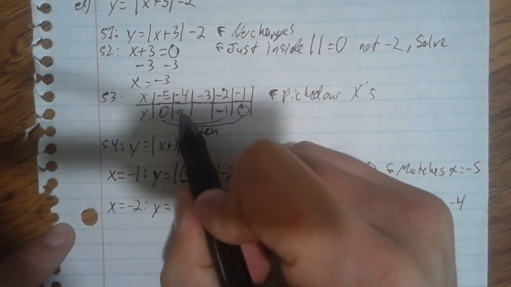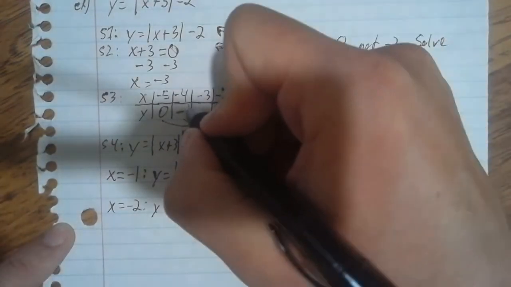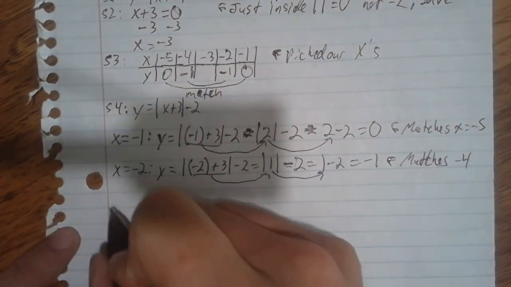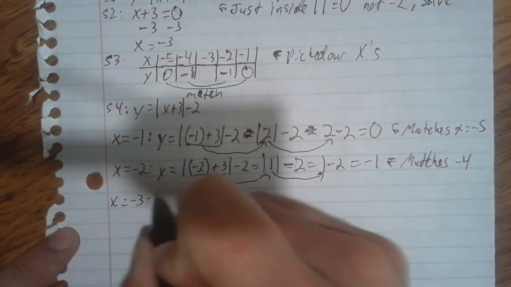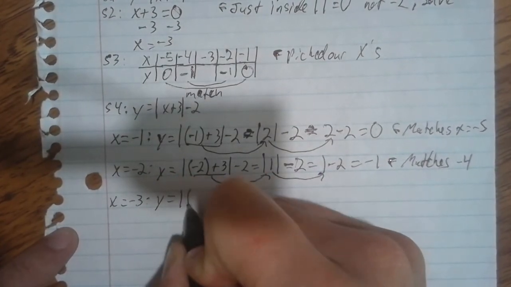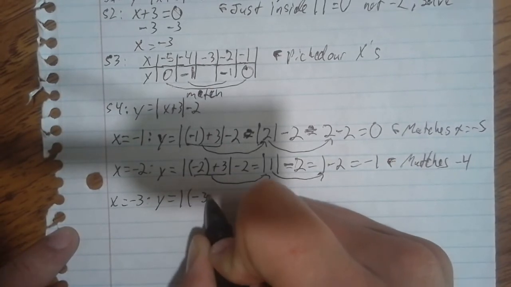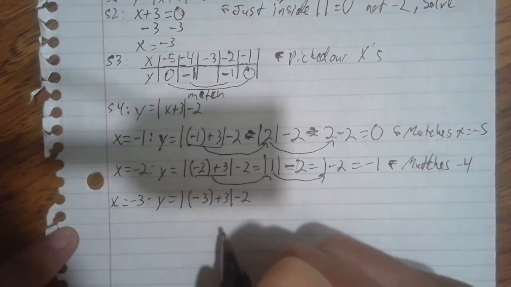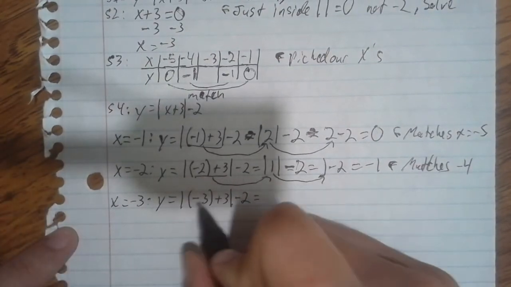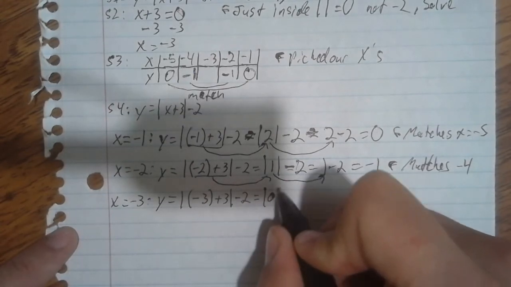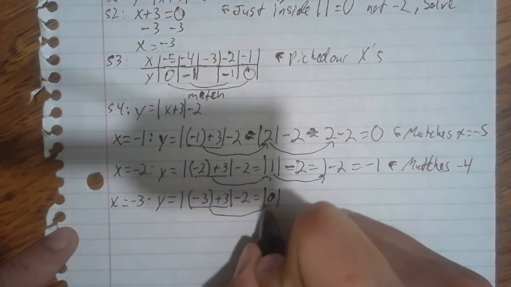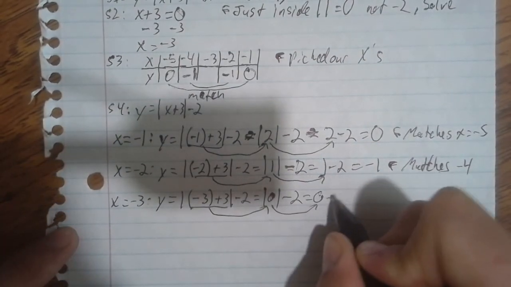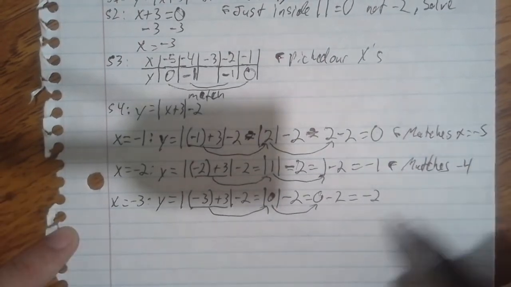So -1, -1. And finally, we can do our x equals -3. y equals the absolute value of -3 plus 3 minus 2. This -3 plus 3 gives us an absolute value of 0 minus 2. Absolute value of 0 is 0. 0 minus 2 is -2, and it doesn't match anything.